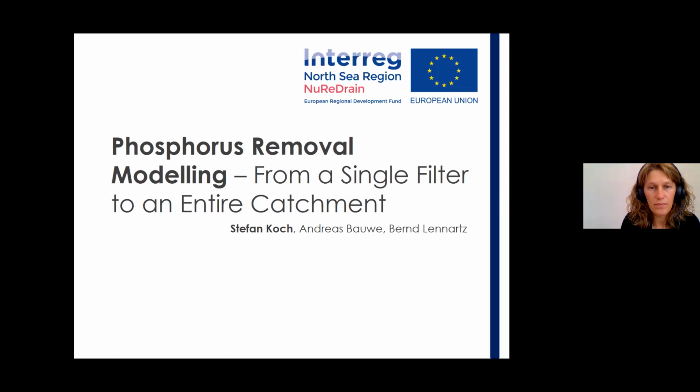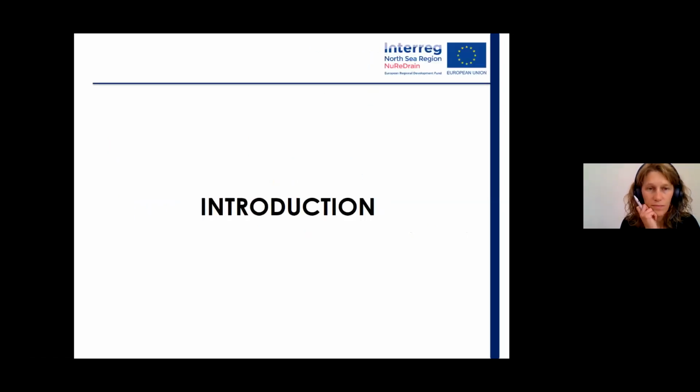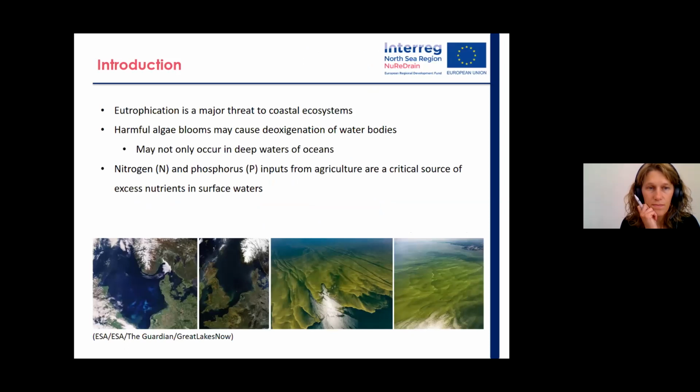As we get deeper into the field of phosphorus removal from drainage water, we would like to estimate the effect of the installation of multiple P filters in the field on the overall nutrient loads of the entire catchment. That's what we did in our work package. As we all know, eutrophication is one of the major threats to coastal ecosystems in Europe and worldwide.